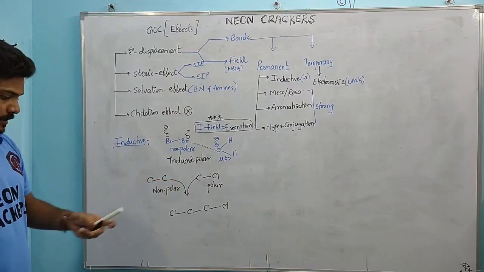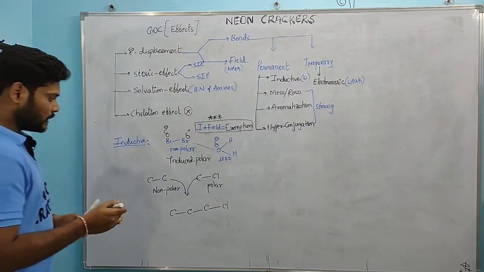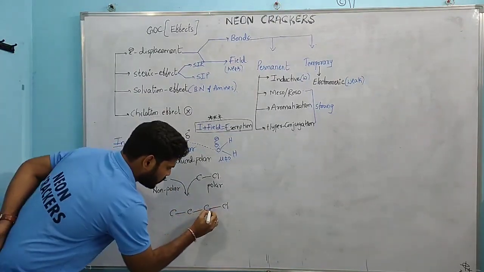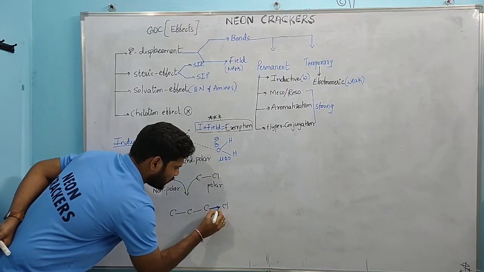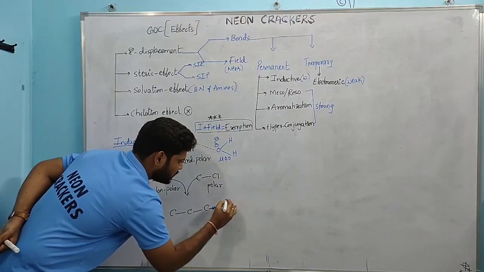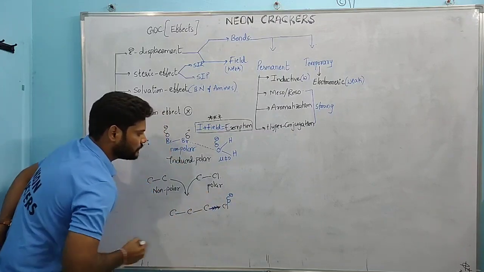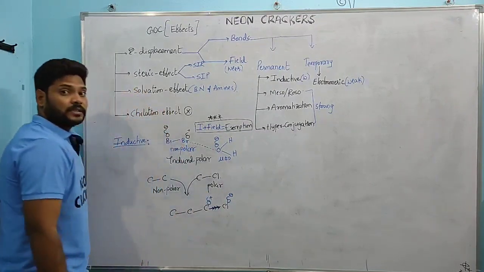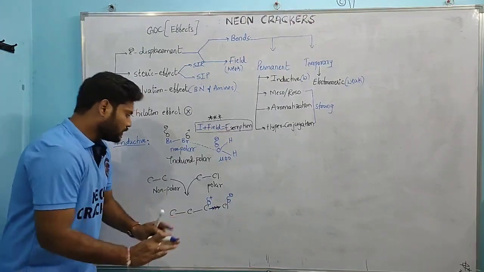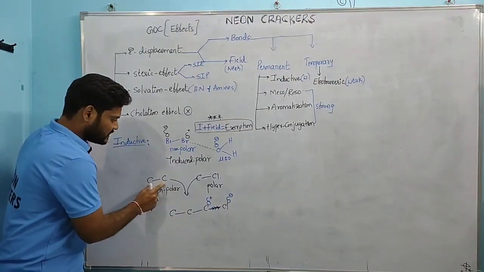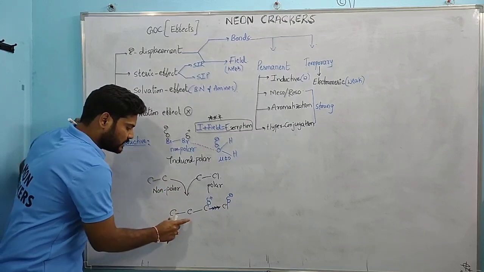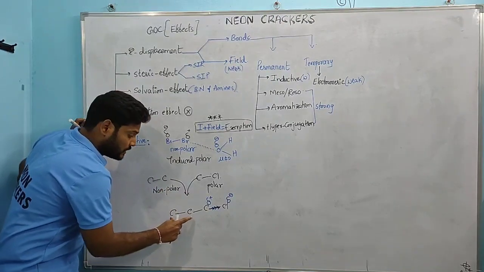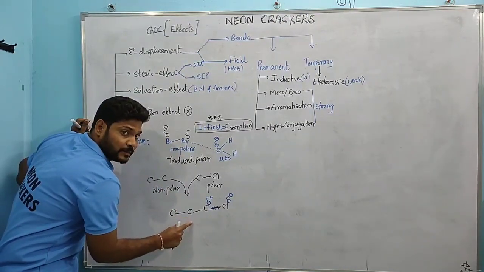Now one thing: this bond is already polar because of EN difference. So partial negative charge on Cl and partial positive charge on carbon. Before that condition, this C-C bond is non-polar. Let's see now what will happen to this C-C bond.